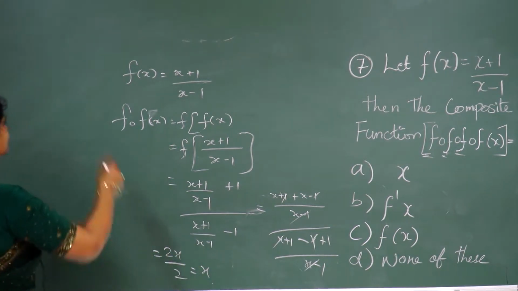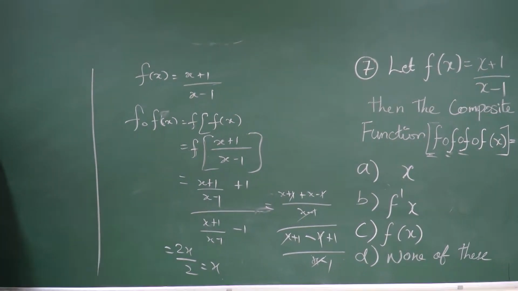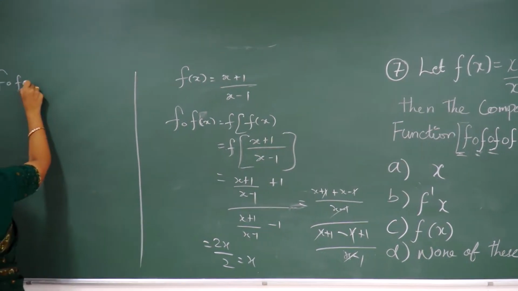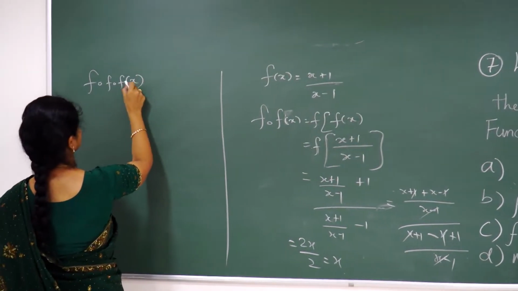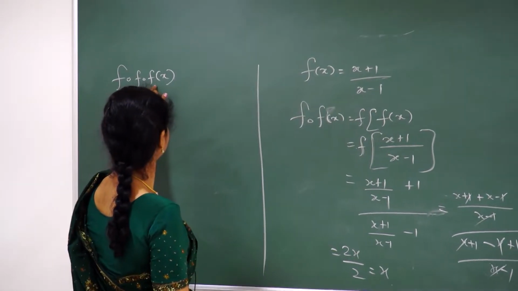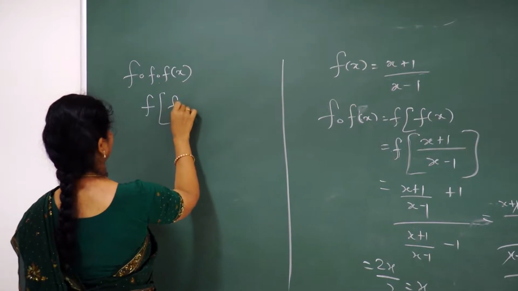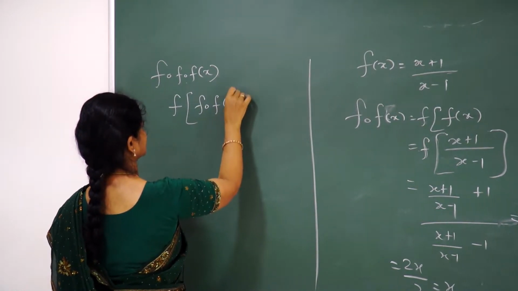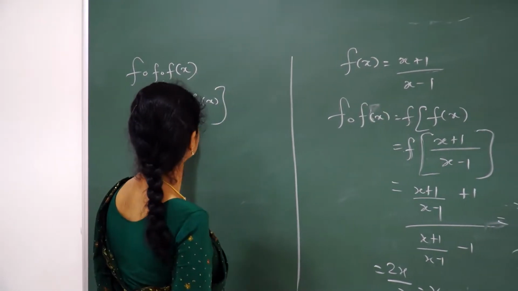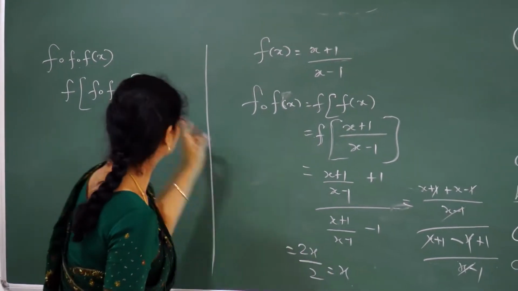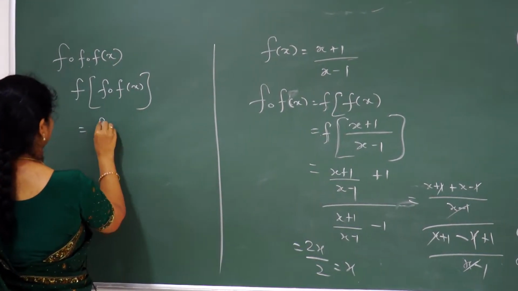Similarly you find the third one, f composite f composite f of x. I already found that f composite f of x is x. So substitute, this becomes f of x.